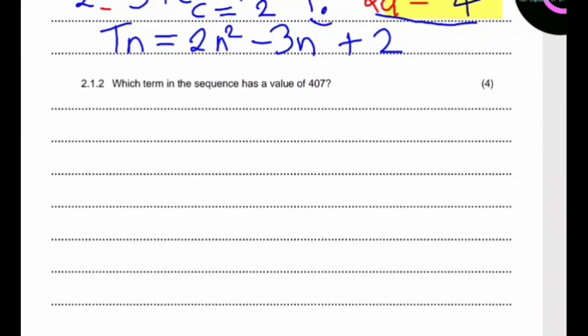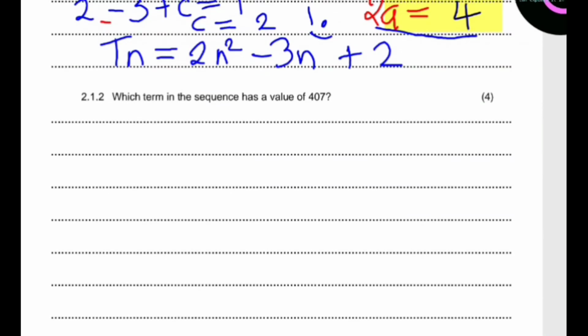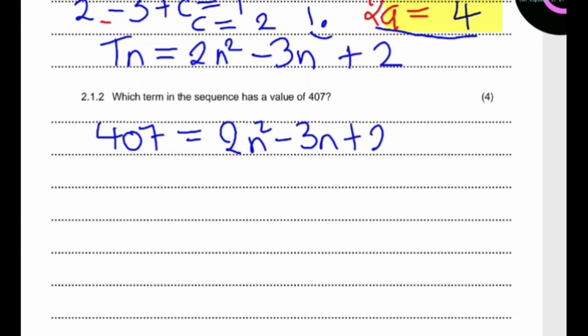Which term has a value of 407? So we know that 407 will be the value. We don't know what n is. So basically, we're going to solve this equation.